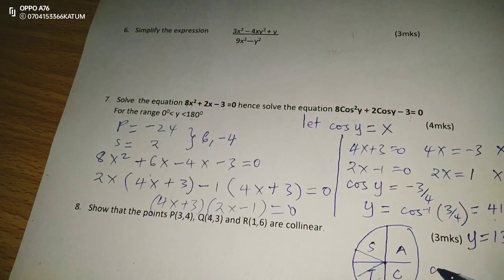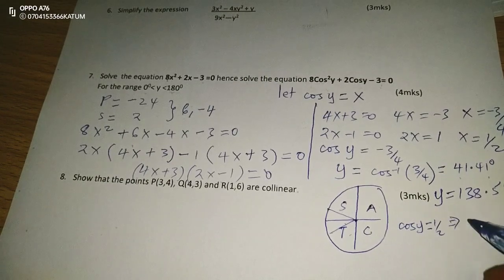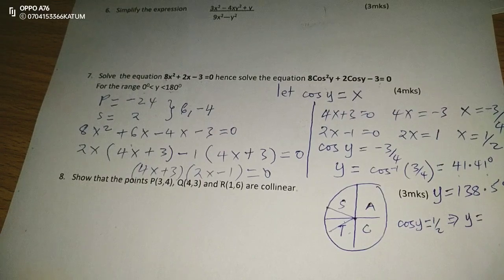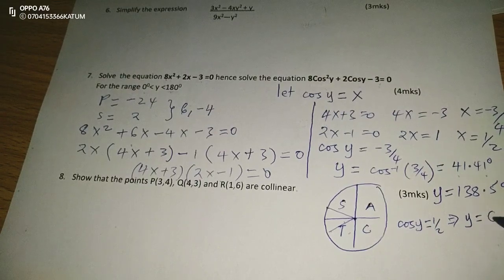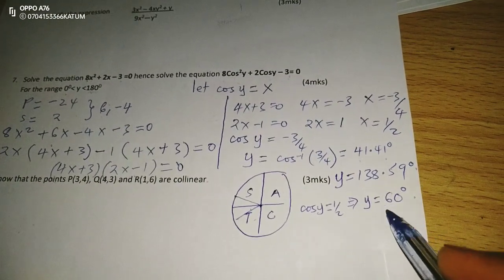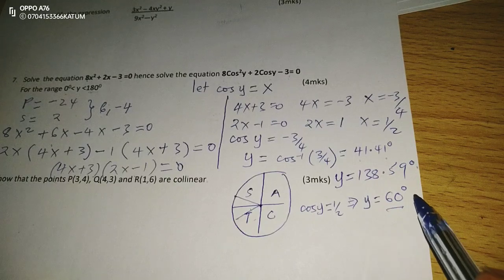Secondly, when we have the cosine of y as half, now we will need y as the cos inverse of half, and this is exactly 60. Now this one is positive, so we need this acute angle in the quadrants where cosines are positive.